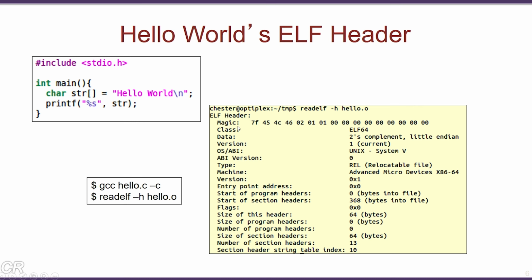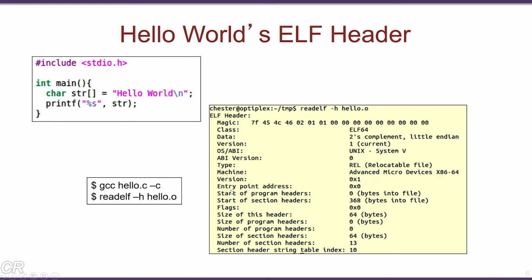Note that it has the magic number, which essentially is the ELF identification. Then it has various other aspects, including the machine details. Here it says that this object file was compiled for AMD x86-64. That is, this object file can be used only by AMD and Intel machines which are configured for 64-bit.